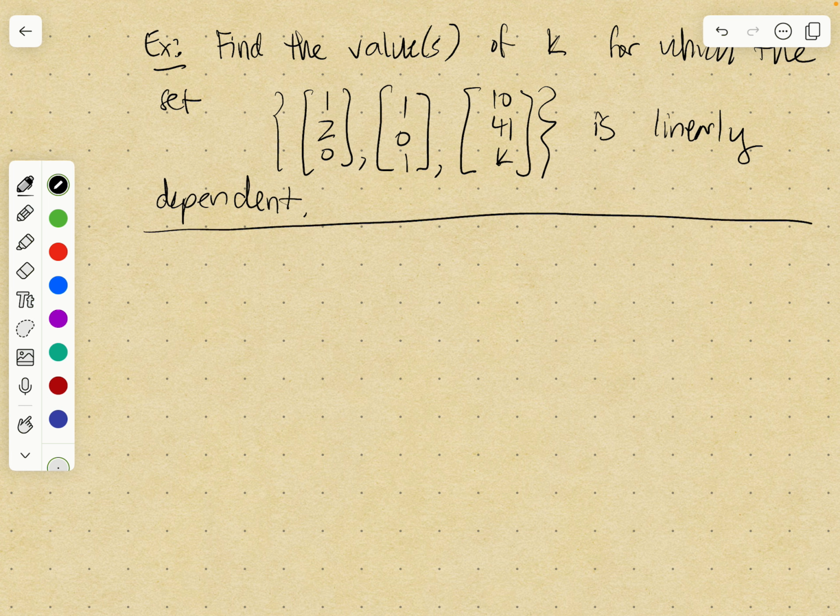So I have these vectors v1, v2, and v3 in R3, and I want to know what values of K will make the set linearly dependent. So phrasing it in terms of this matrix, let's take this matrix A, formed by taking the columns, these vectors v1, v2, and v3.